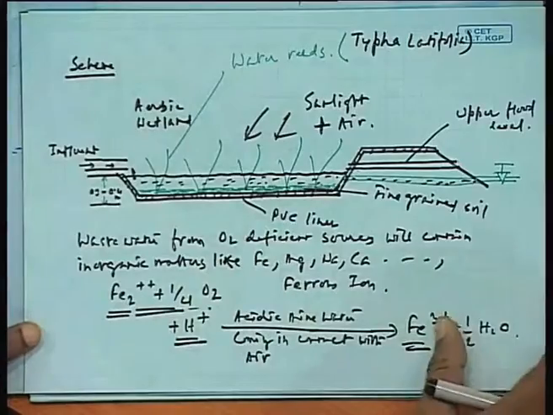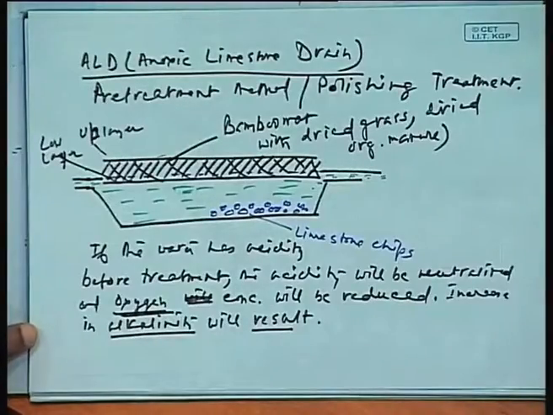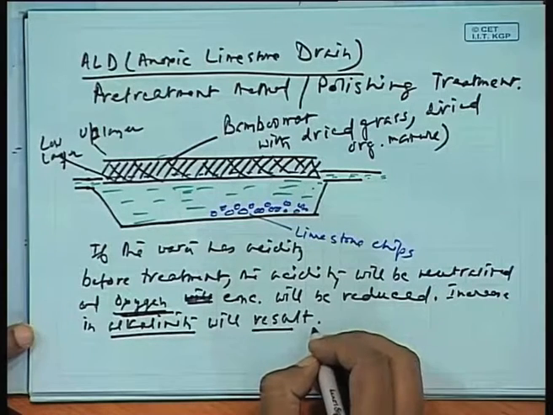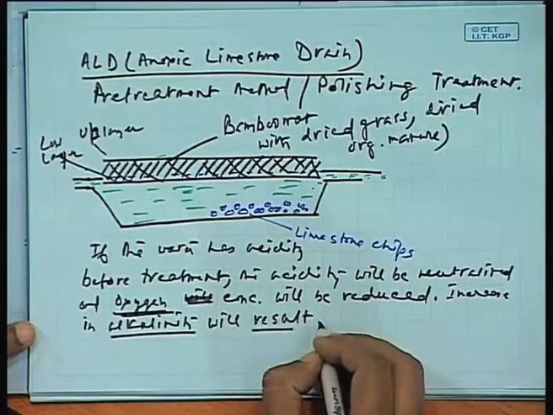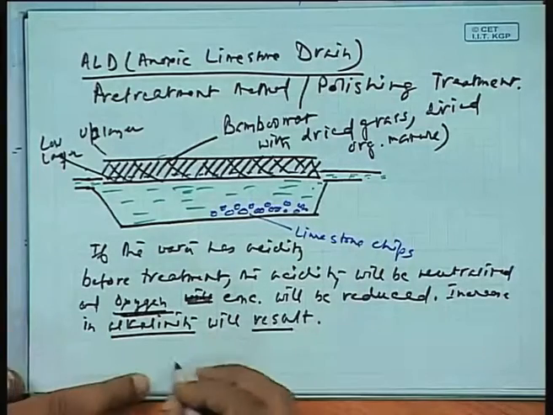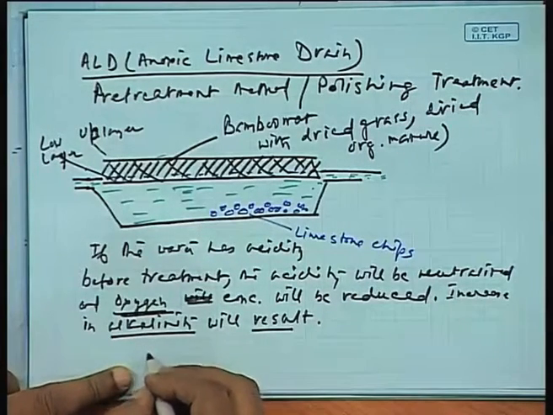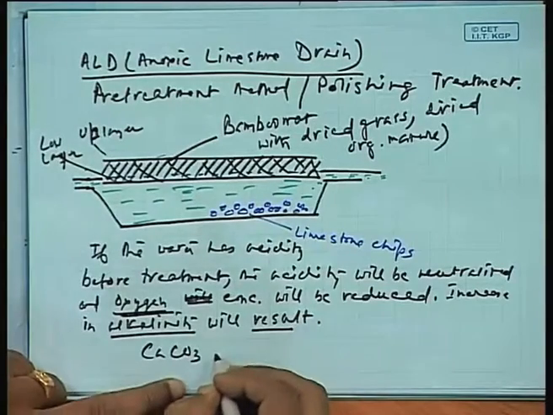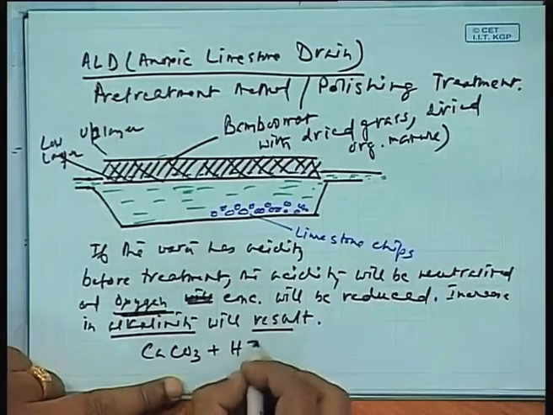So the anoxic limestone drain generally reduces the oxygen concentration and neutralizes the acidity. Increase in alkalinity will result.